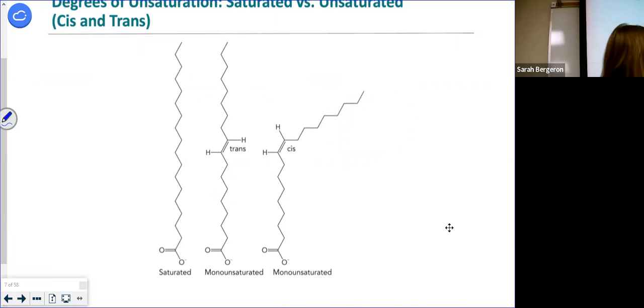If we introduce a trans double bond, the parent chain is going one way on one side of the double bond, and it's going the other way on the other side. They use the hydrogens as visual representations of that, right? So if the hydrogens are going in opposite directions, so is the parent chain. But the hydrogens do not determine if it's cis or trans. It's the parent chain. Okay.